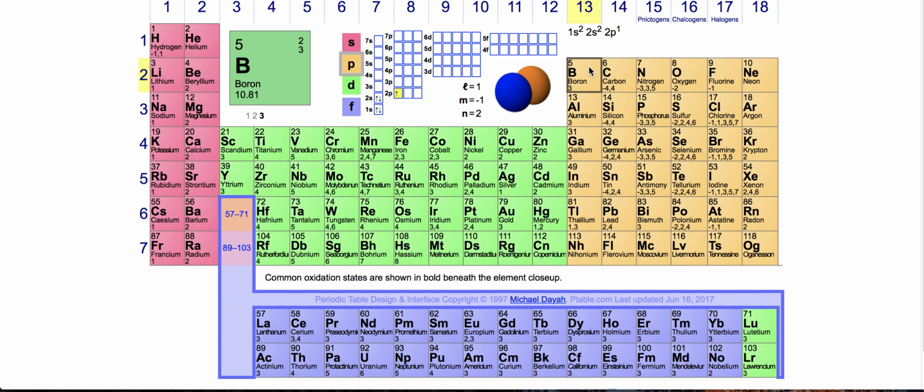And see right there, boron, the last electron goes into a p orbital, it's p1. And gallium, the last electron is in a p orbital, p1. And chlorine, the last electron goes into a p orbital. Okay, so this is the P block.